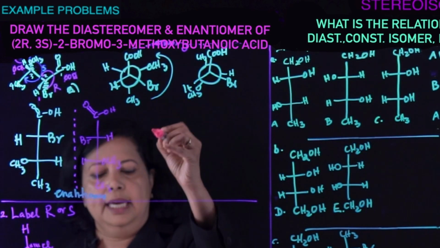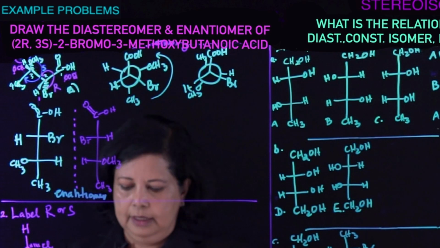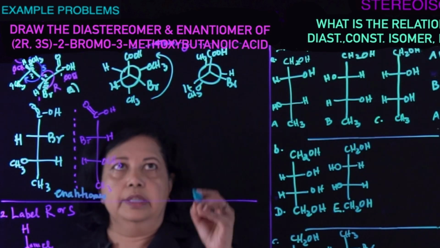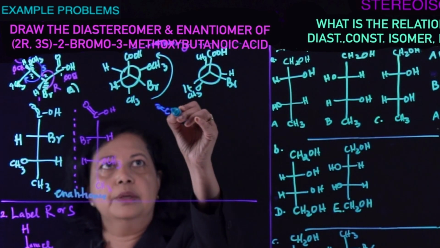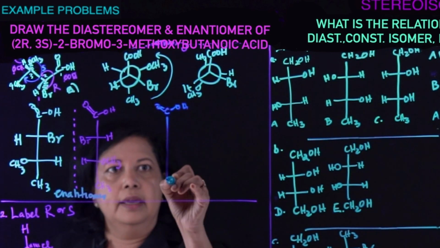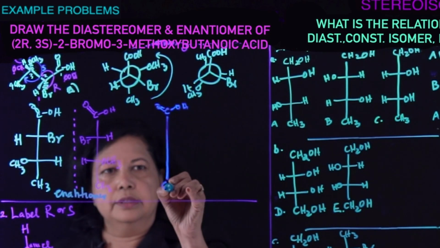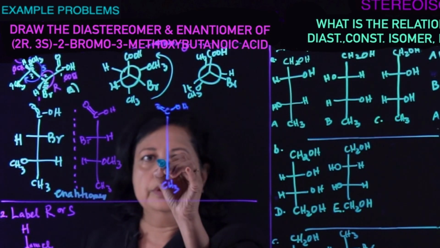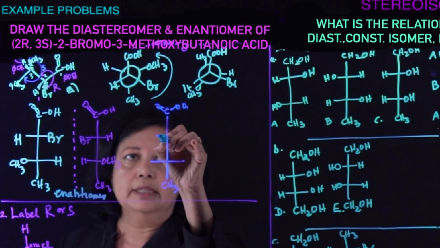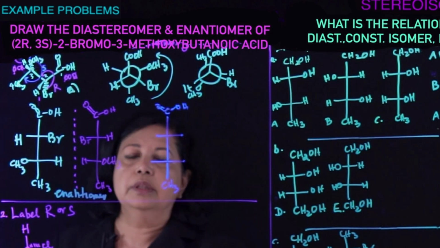So we can draw the diastereomers for this with a different configuration here. So COOH, and if you draw the CH3 here, you can draw the CH3 and the COOH on the straight line. You don't want to change that because the rule says the carbon chain should be on the vertical line.